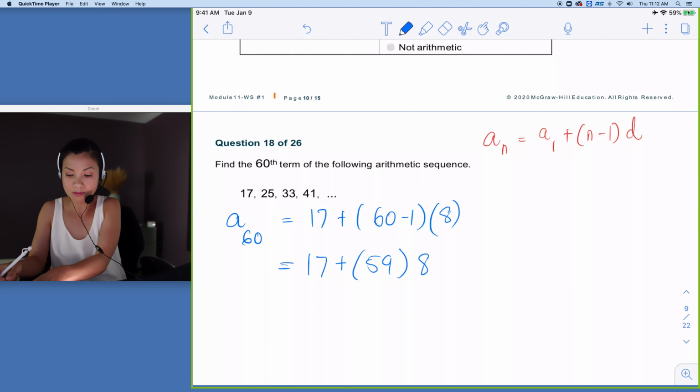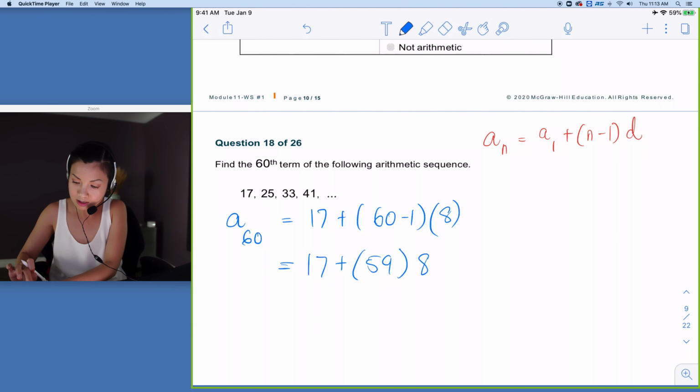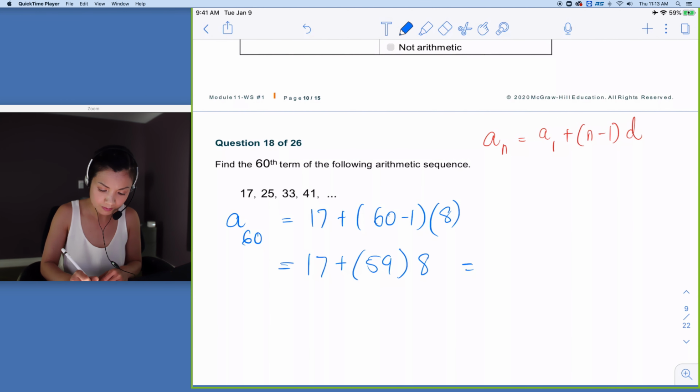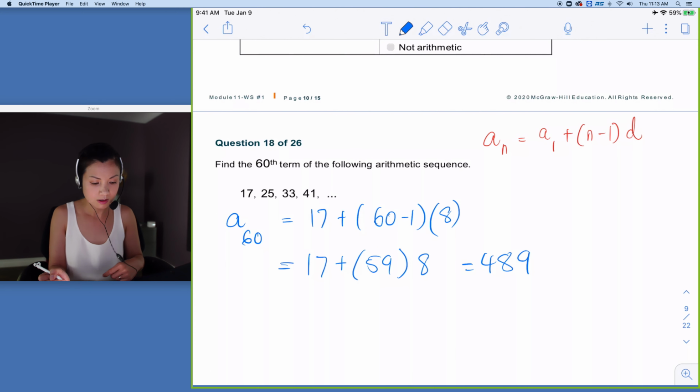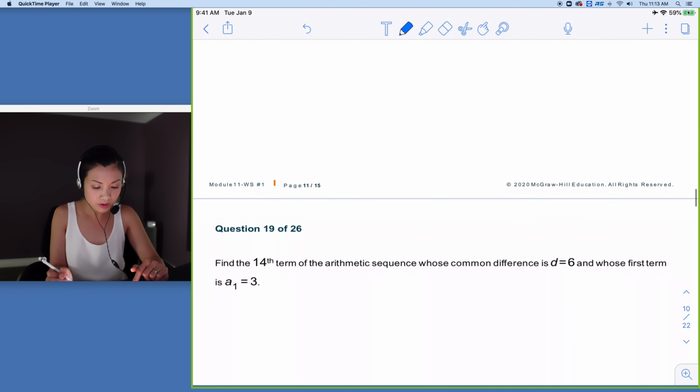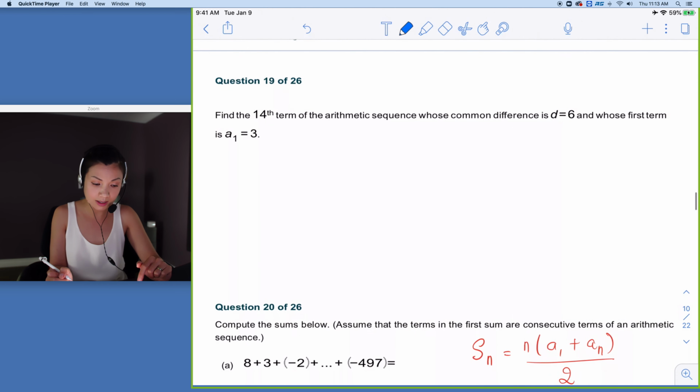So I just want to make sure I get everything correct. So I should get 489 for the 60th term.